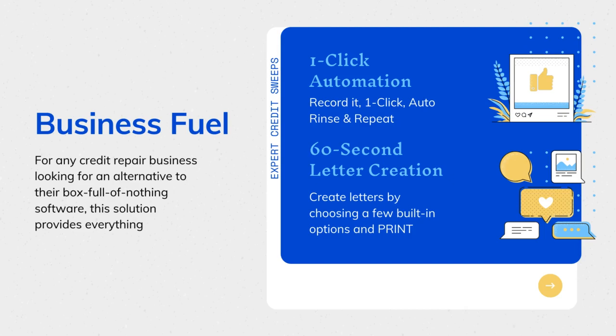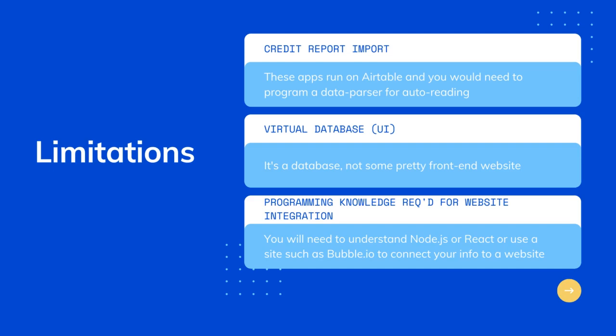There's always limitations. So what can't this do? I'm always honest about everything, and that's why I'm telling you what this does not do. You cannot import a credit report. You know how when you're using Client Dispute Manager or Dispute Suite or Turbo Dispute, you can just automatically import a credit report and it's going to read it.